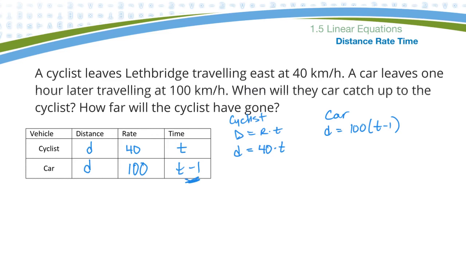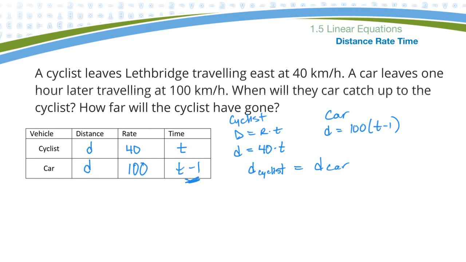Now I've got two equations where they're both solved for d, and they work really well. So you can say at this point that the distance of the cyclist must equal the distance that the car went.